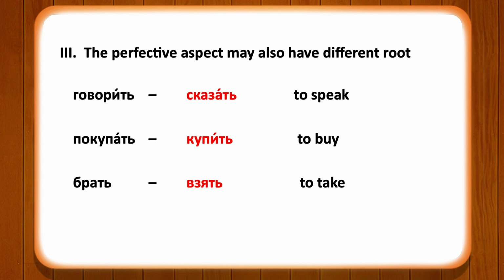For example, говорить, сказать, покупать, купить, брать, взять. Here you can see the imperfective and perfective verbs are formed from different root words. I hope you remember this as we had done it in the last module. So now let's move to the perfective verbs.